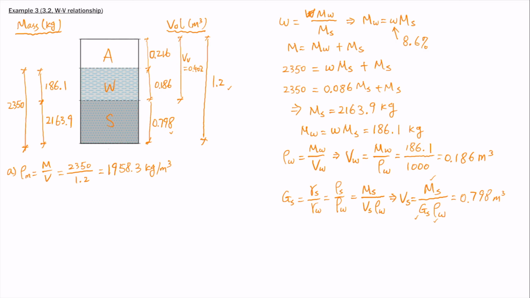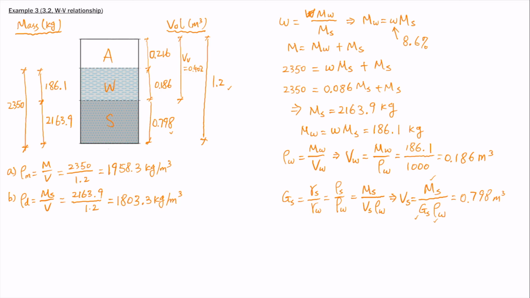And then for part B, the dry density, again, basic definitions. This is mass of solids over total volume. The mass of solids, again from the phase diagram we just completed, is 2163.9, over total volume 1.2, and that gives us 1803.3 kilogram per meter cubed.